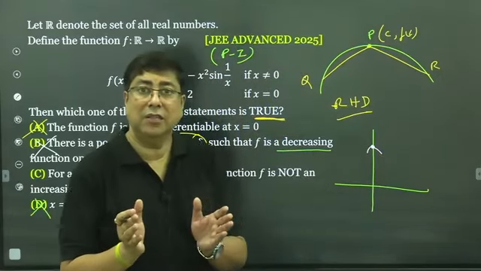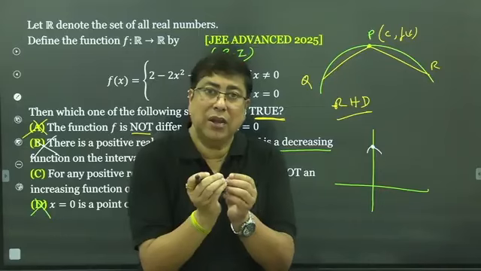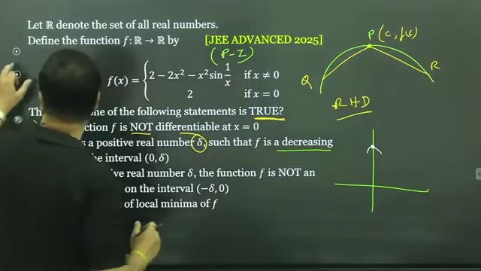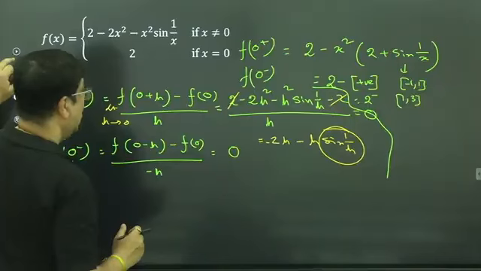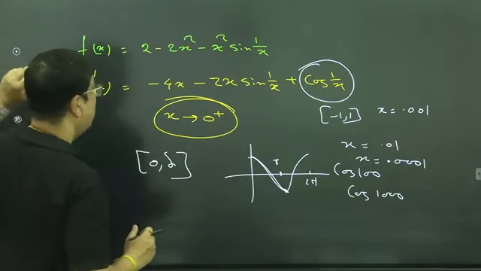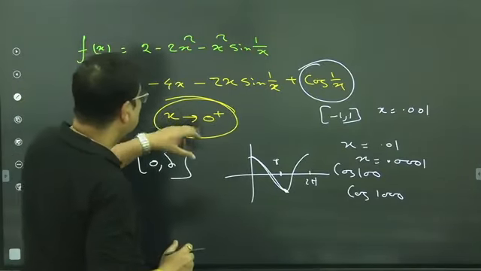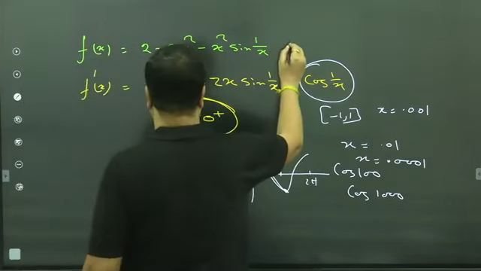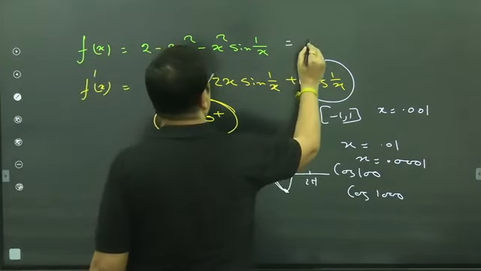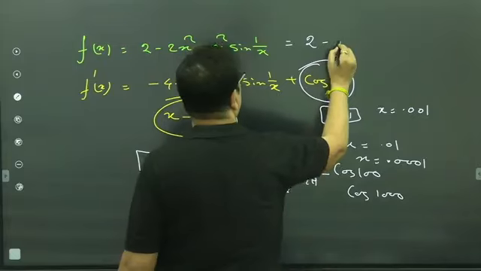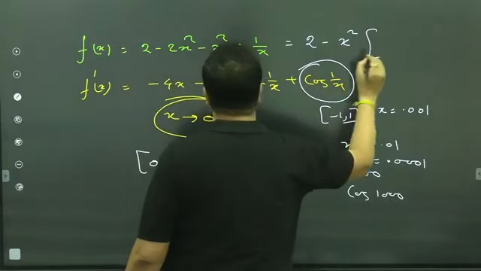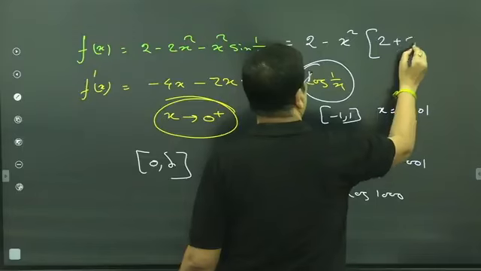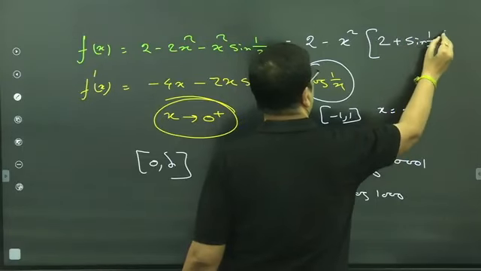Why is it decreasing? In its neighborhood it has some lower value. Because if we see the limit, we have 2 minus x square into 2 plus sine 1 by x.